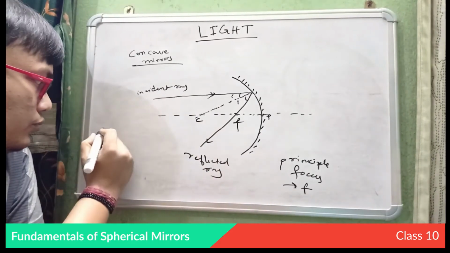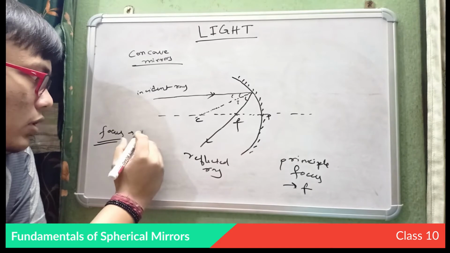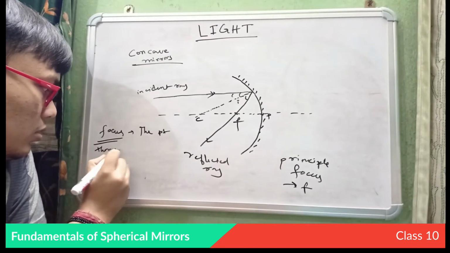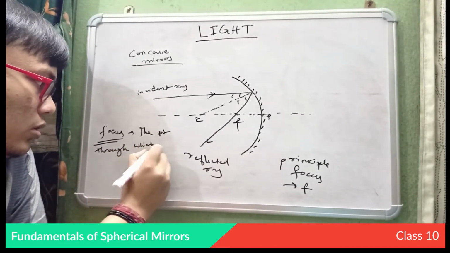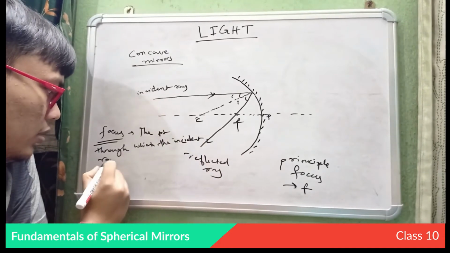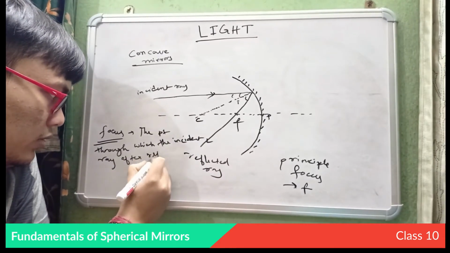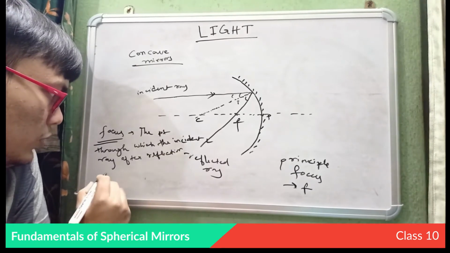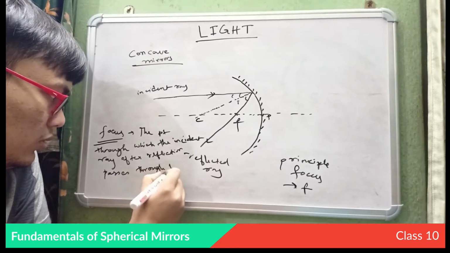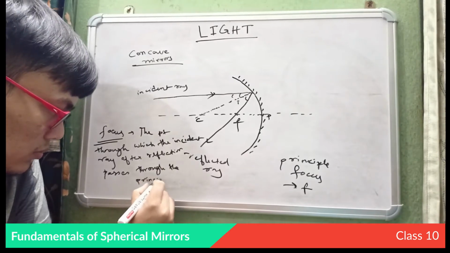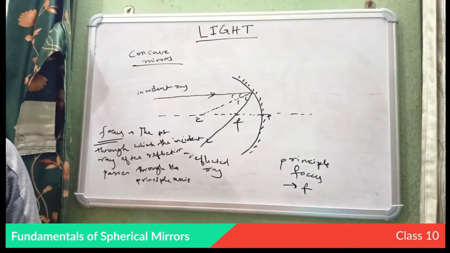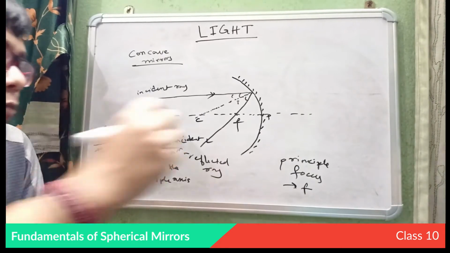So focus is the point through which the incident ray after reflection passes through the principal axis.